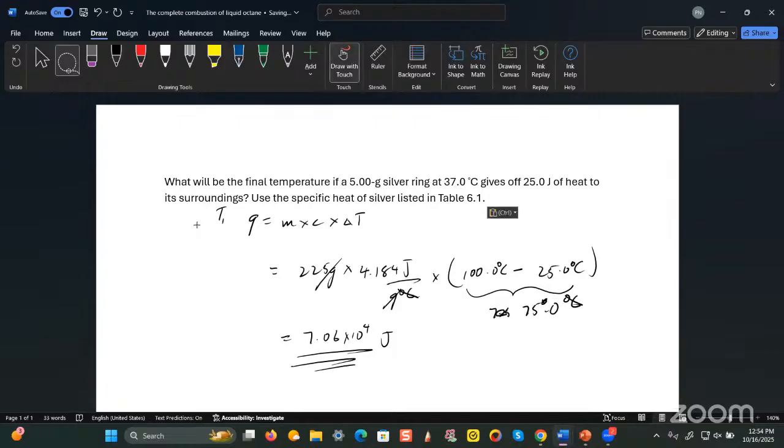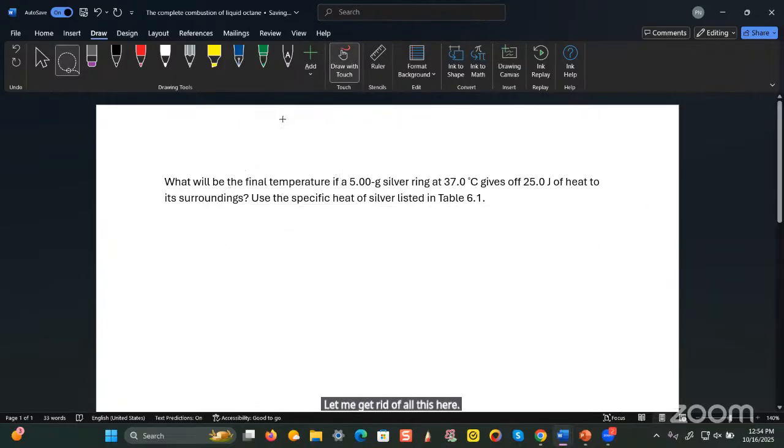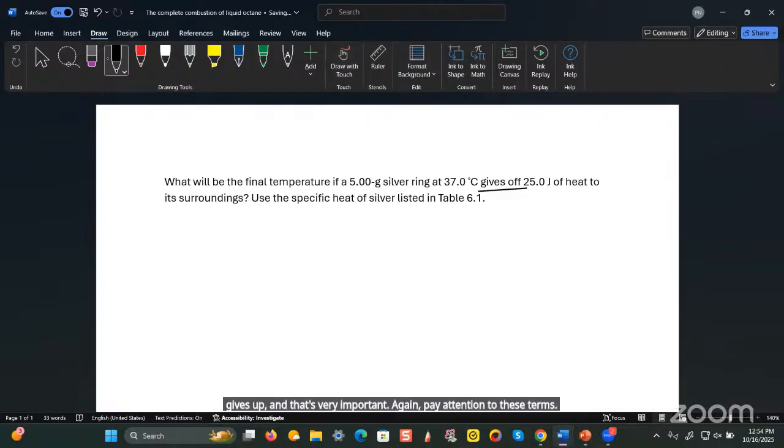Okay, so this question is asking, what will be the final temperature if a 5.00 gram silver ring at 37 degrees Celsius gives off, and that's very important, again, pay attention to these terms, gives off 25.0 joules of heat to its surrounding. And it says, use the specific heat of silver listed in table 6.1.